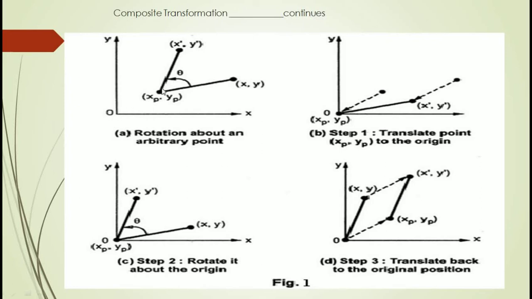So (xp, yp) is moved to our origin (0, 0). We move xp in the x direction, so that much x value is decreasing, that is minus xp, and so much amount of y is decreasing, that is minus yp.